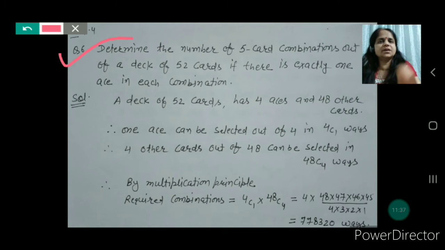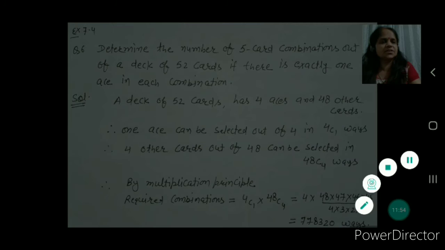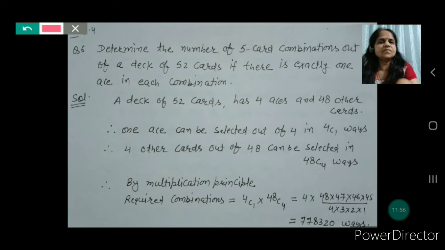Next, question number 6. Determine the number of 5 card combinations out of a deck of 52 cards, if there is exactly one ace in each combination. You know that a deck of 52 cards has 4 aces and 48 other cards.